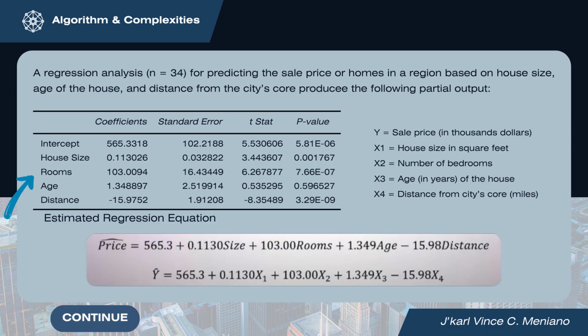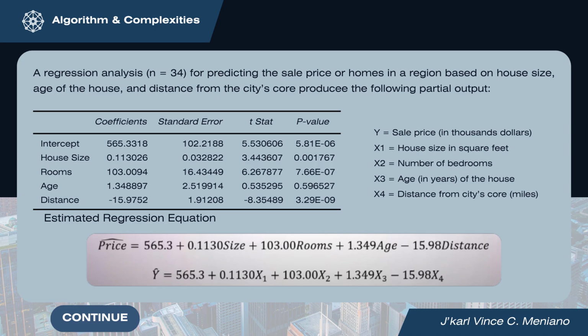The estimated model or equation is therefore presented as follows, with the coefficients taken from the first column of the output here. Note that the dependent variable now has a hat to indicate that it is estimated or predicted, and the error variable is removed since this is an estimate.